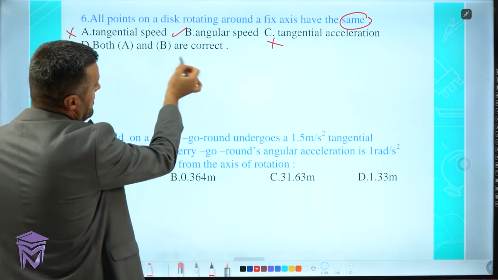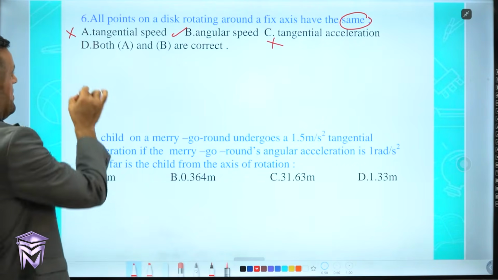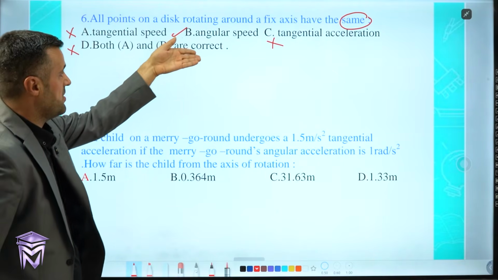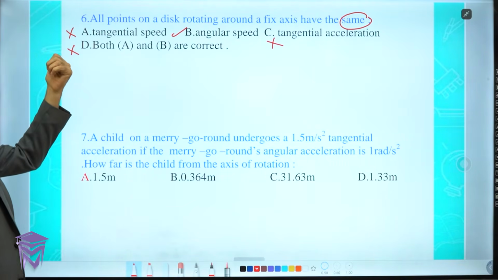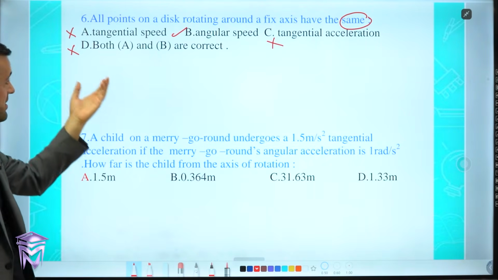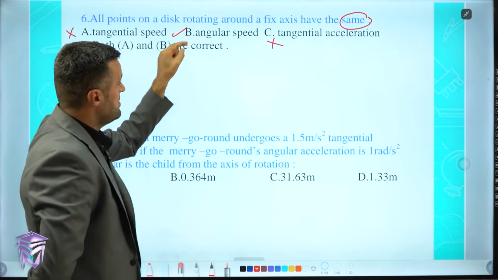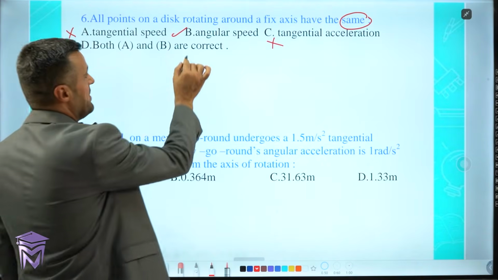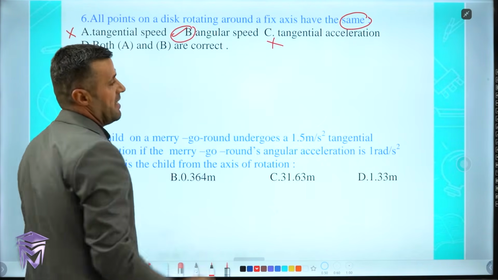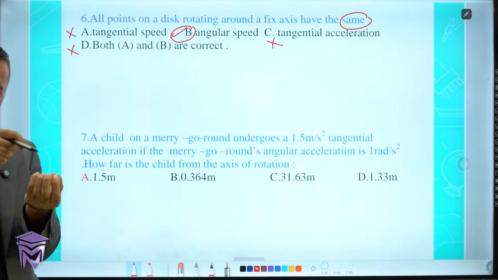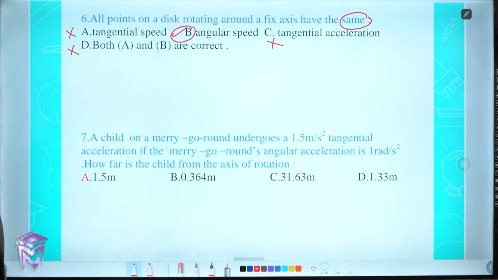Both A and B are correct, this selection is not correct, because selection B is correct and selection A is incorrect. You can't select D. The correct answer is selection B. All points have the same angular speed. Thank you.